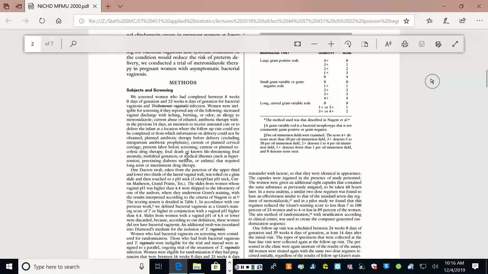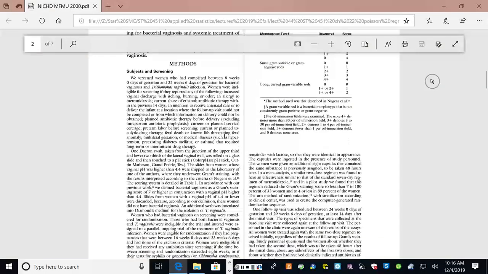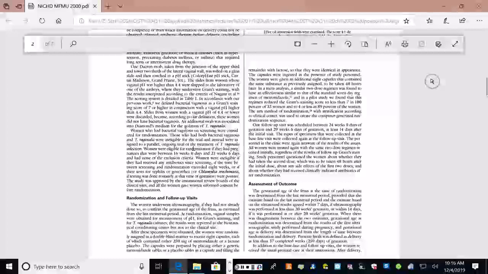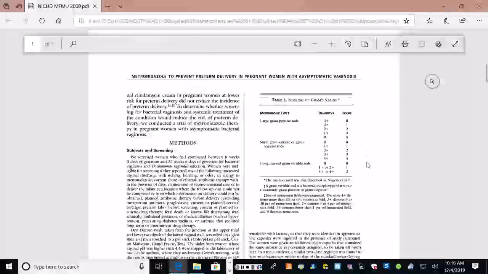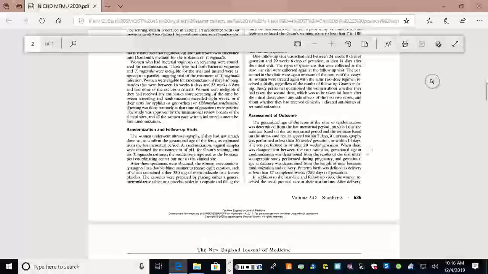In this, it'll say whether they allow women with previous preterms or not. What do they exclude women for, various complications and so on. Definition of how they know that they had bacterial vaginosis. Here's some different coding of that. How do they do randomization to treatment versus non-treatment? How do they assess the outcome?